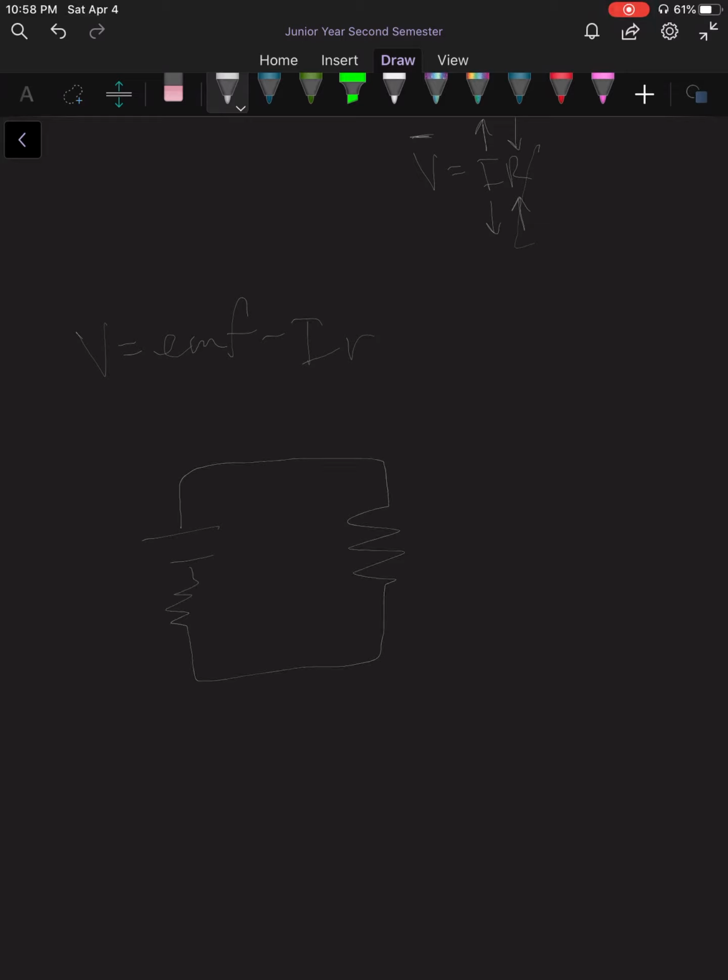We're going to say that this E here is 2.3 volts. So that's going to be our EMF. Our voltage being supplied to the whole system is going to be 2 volts, or that's our terminal voltage. We've got our internal resistance, which we're going to say is what we're trying to find. And then the resistor has a resistance of 4 ohms.